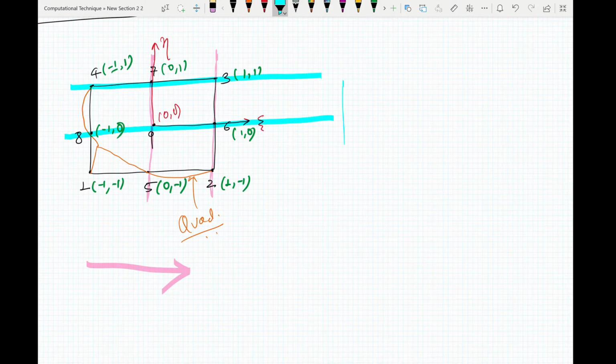Now if you write the equations of all of these lines, this line here has equation xi equals 1, this one has equation xi equals 0, this line has equation eta equals 0, and this line has equation eta equals 1. Now you can combine all of these equations to form your shape function.